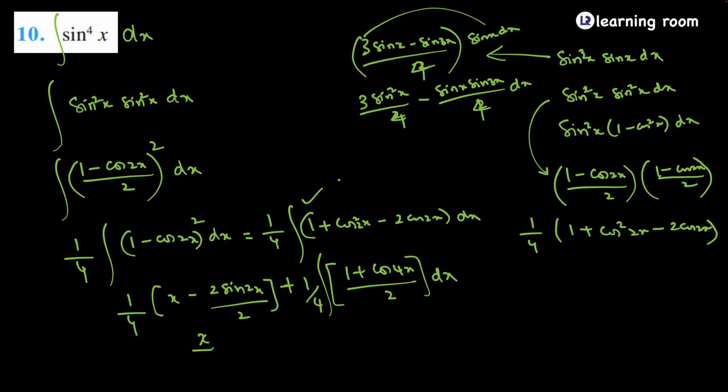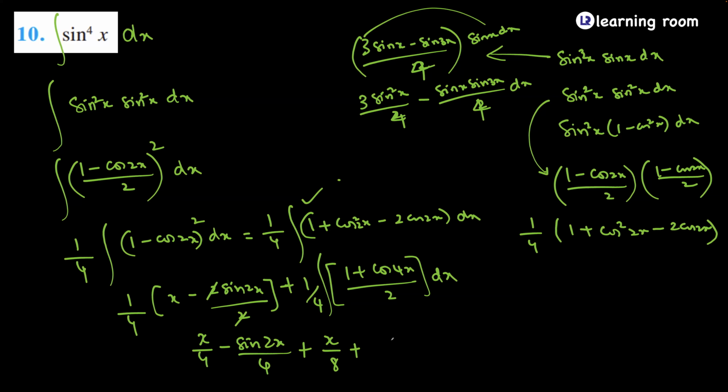So what will the answer be? X by 4, 2 and 2 are gone, minus sine 2x by 4, plus 1 by 8 into x is x by 8, plus 1 by 8 into integral of cos 4x, which is going to be sine 4x by 4.